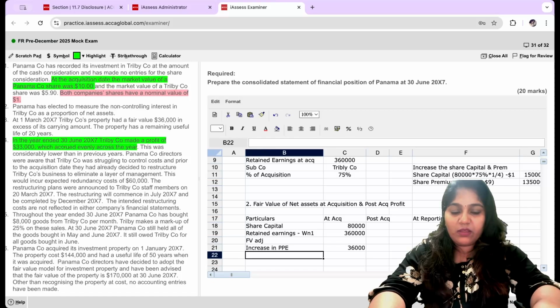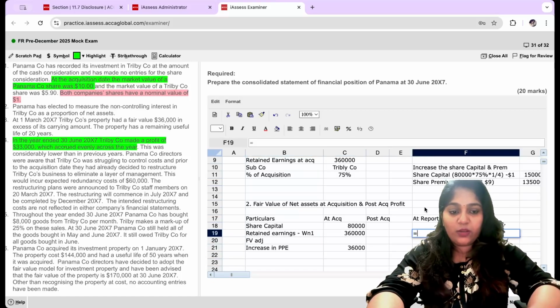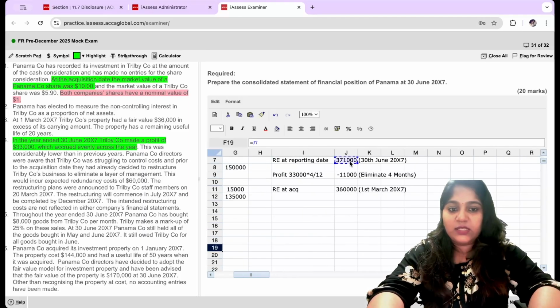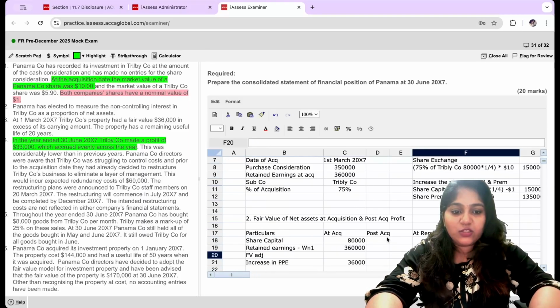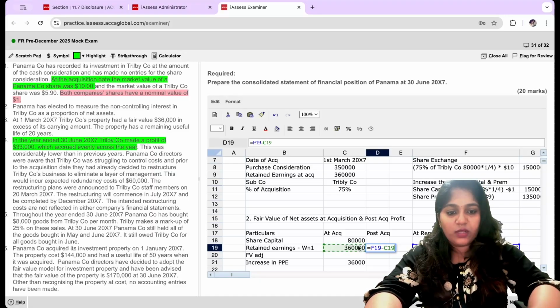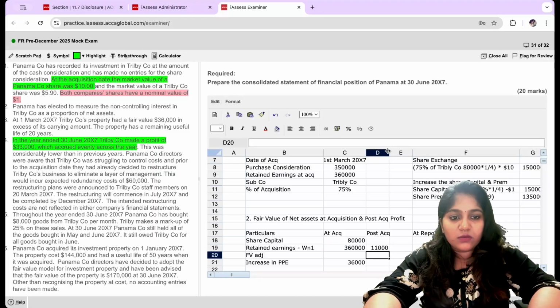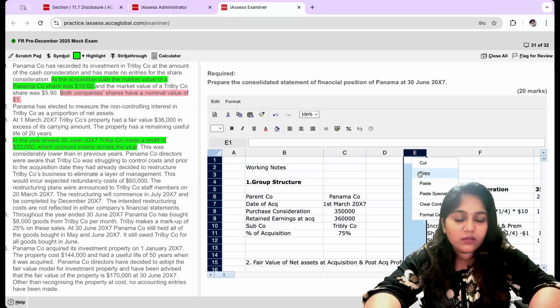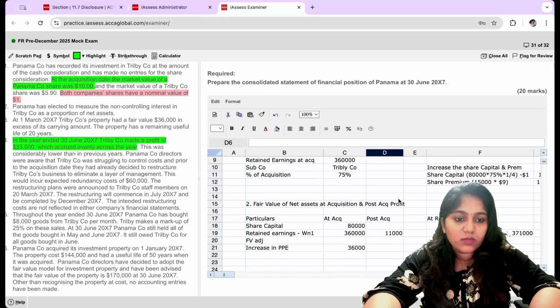However, we should also find out my post acquisition profit, because I know my retained earnings at reporting is 371. So my post acquisition profit, for 4 months, was 11,000. That was clearly 11,000.